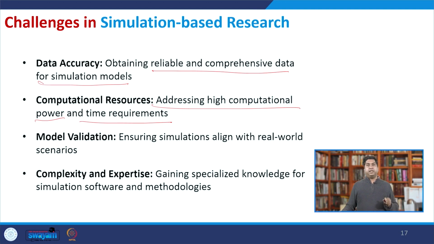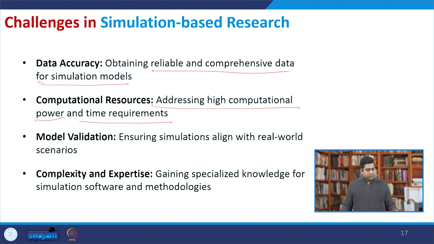And whenever you think about the scale, if you want to make a simulation for a city, you require that kind of heavy computational power. But if you want to do it just for a particular office room, probably you don't require that much. So depending on the scale and the type of analysis that you are going to perform through simulation, it will require certain sort of computational resources.